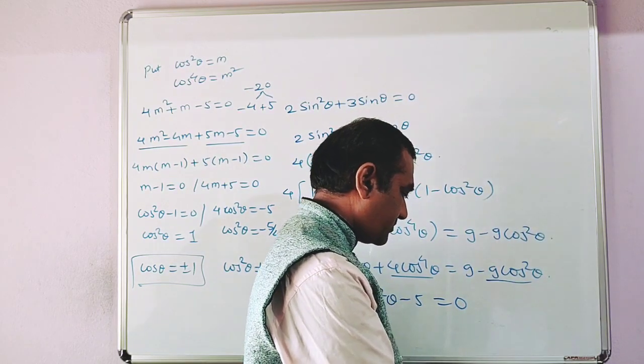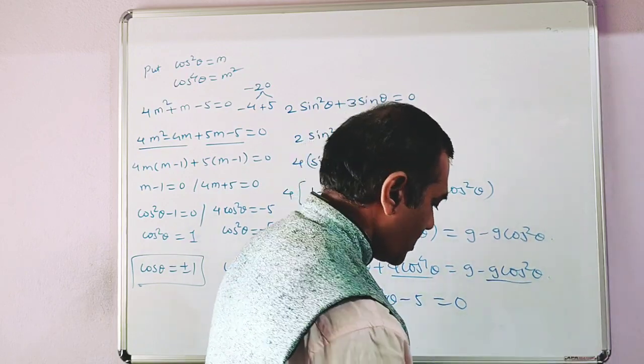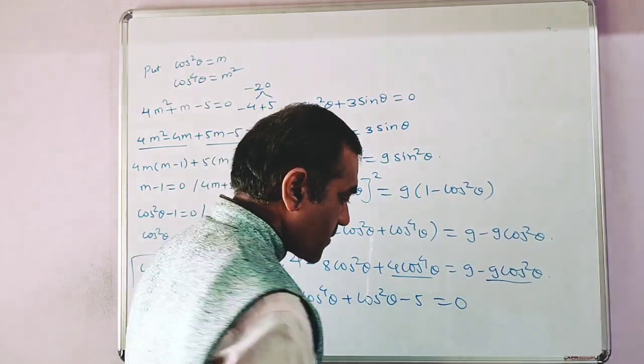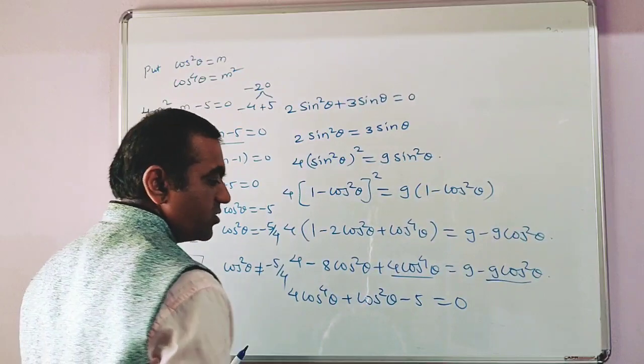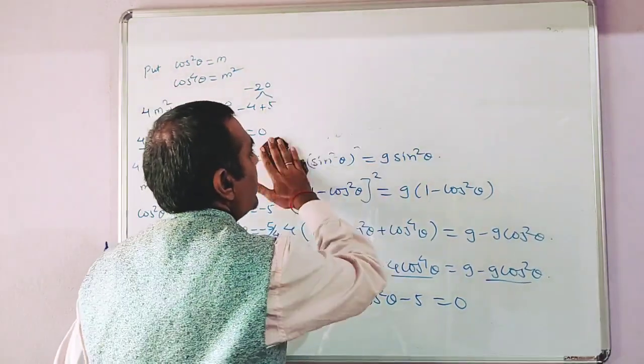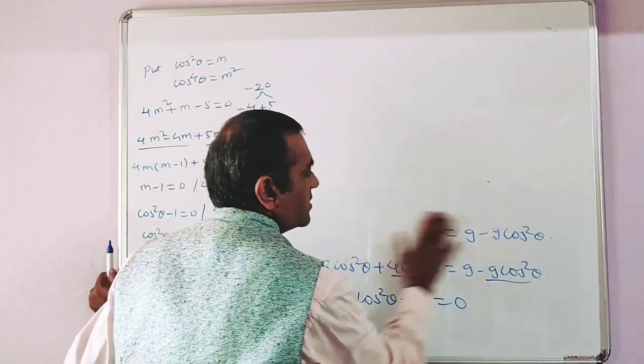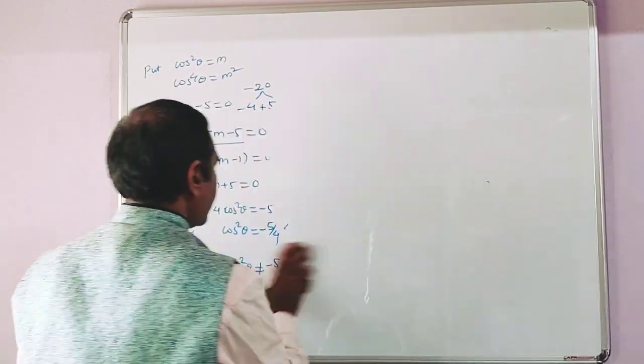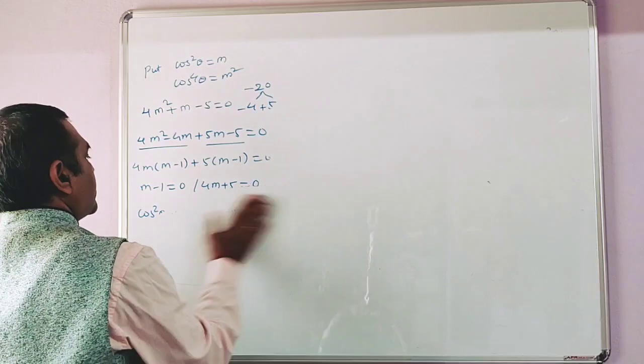Next question. 2 cos square theta minus 11 cos theta plus 5. Maybe you have solved this one in the 10th standard by using quadratic equations.